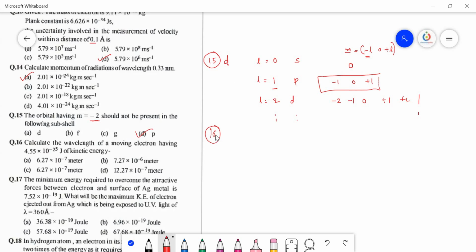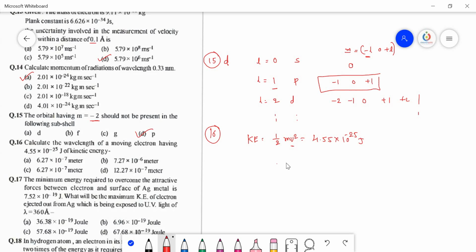Now let us solve question number 16. Calculate the wavelength of a moving electron having 4.55 into 10 power minus 25 joules of kinetic energy. We know that kinetic energy equals half mv square, and they have given 4.55 into 10 power minus 25 joules.